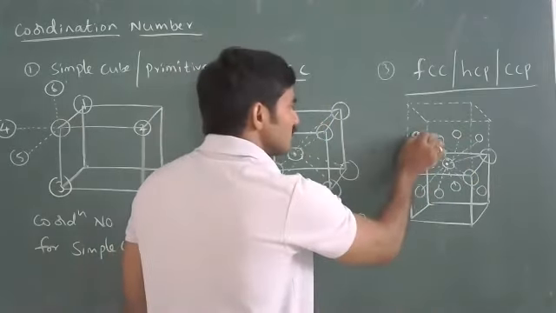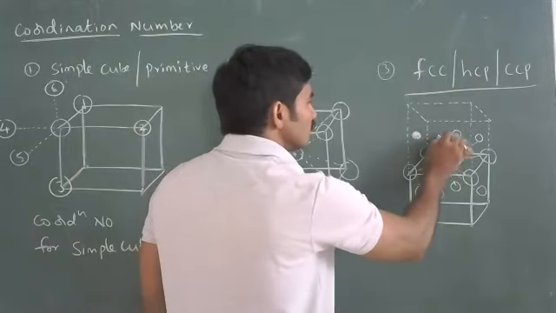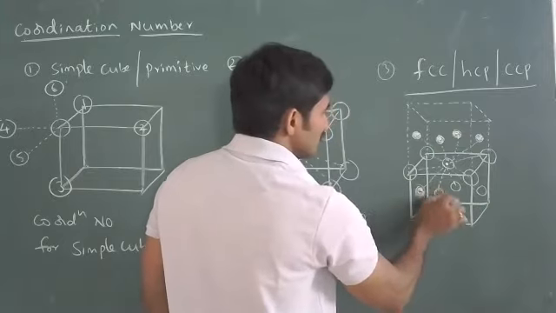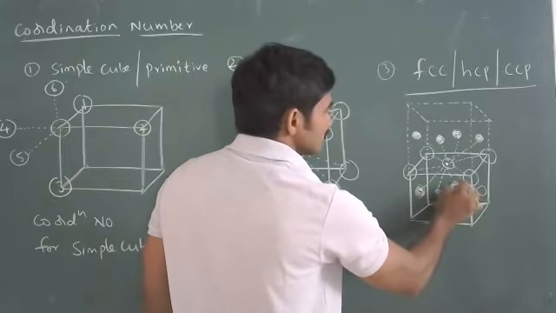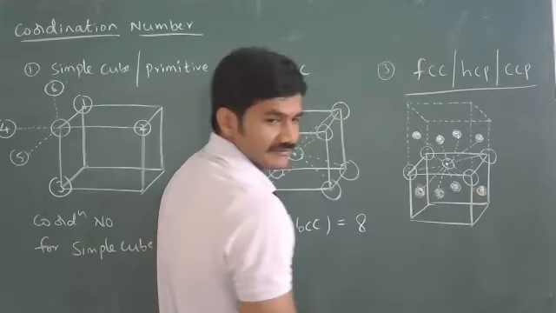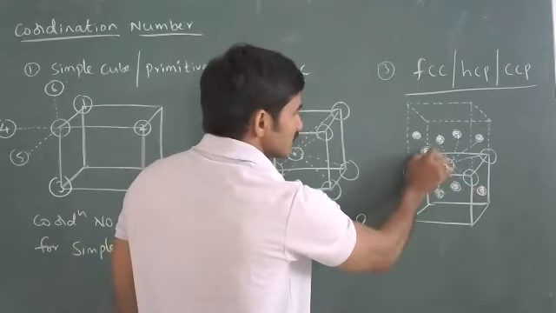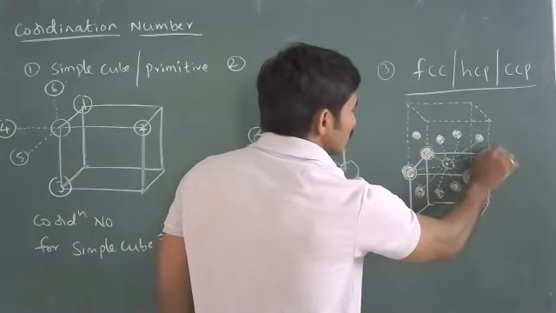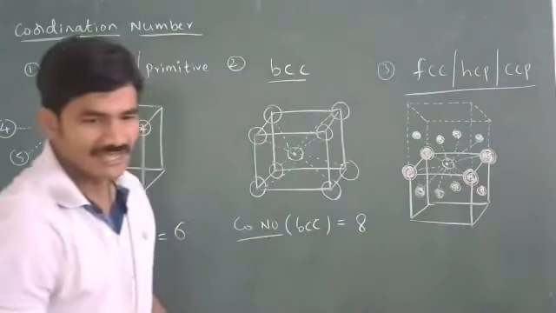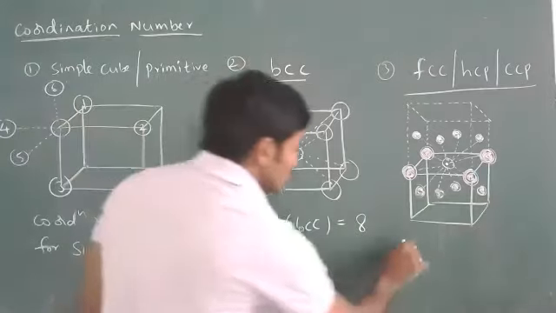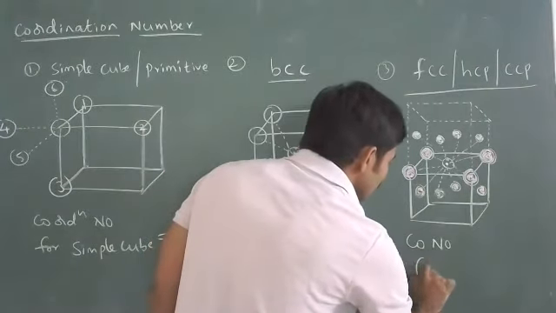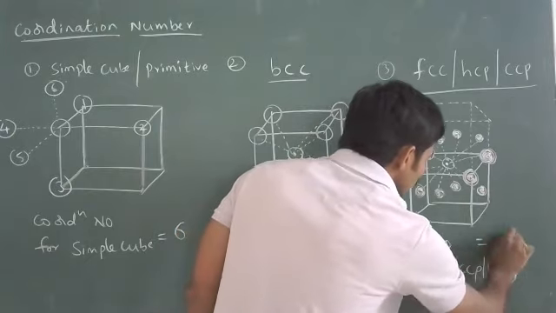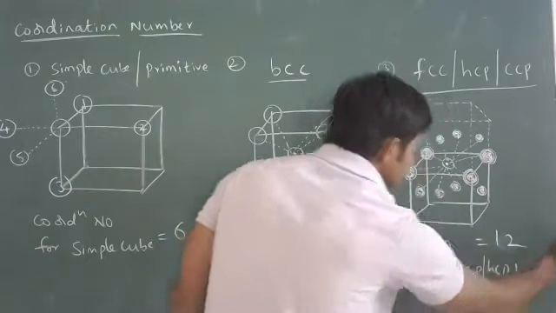Okay, so touching atoms, how many are there? 1, 2, 3, 4, 5, 6, 7, 8, and corner atoms also, 9, 10, 11, 12. How many atoms are touching this? 12. So the coordination number for FCC or CCP or HCP is equal to 12.